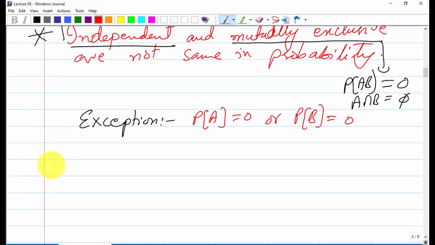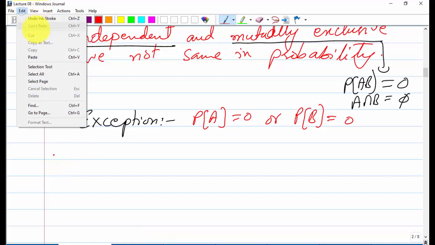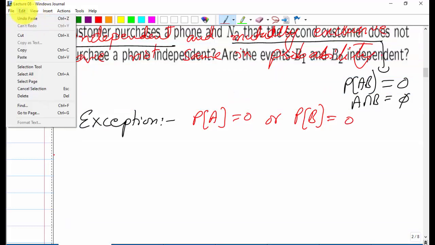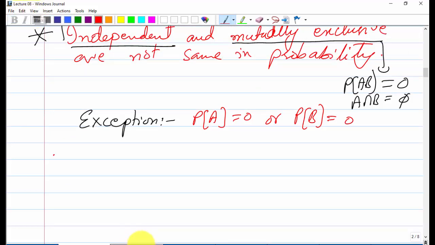So this is example 1 point, so I will paste the example.